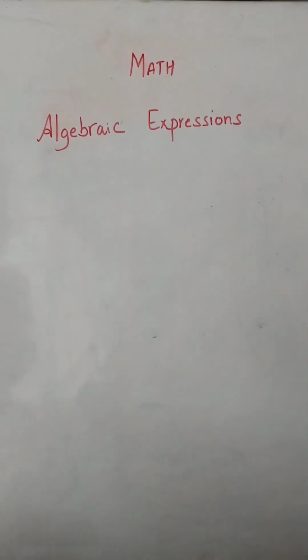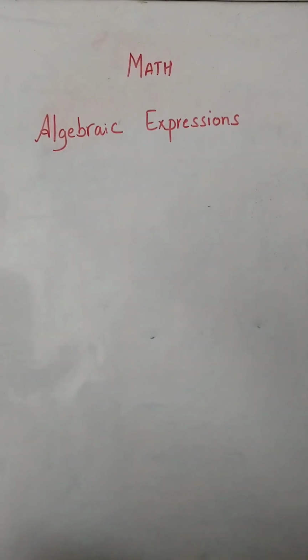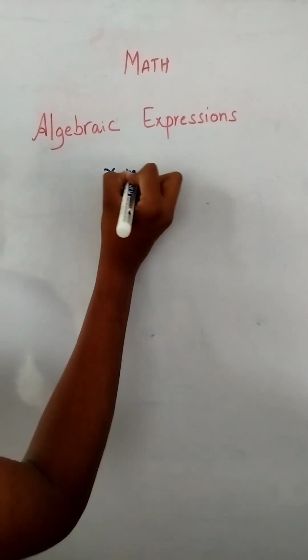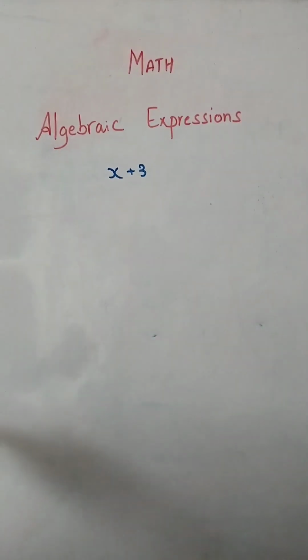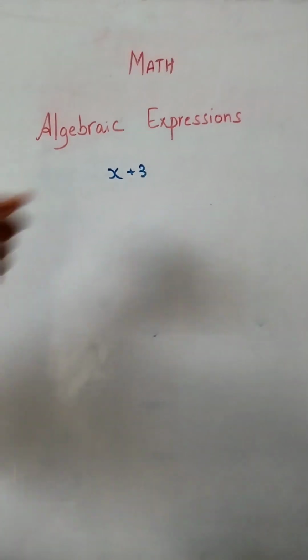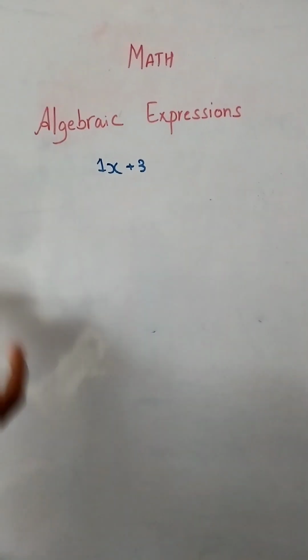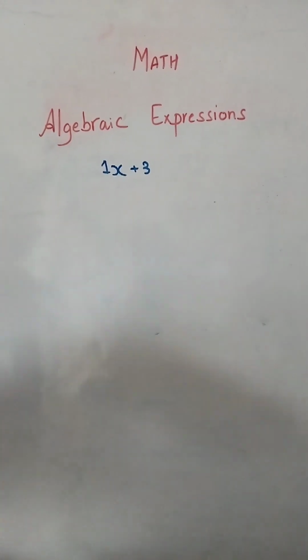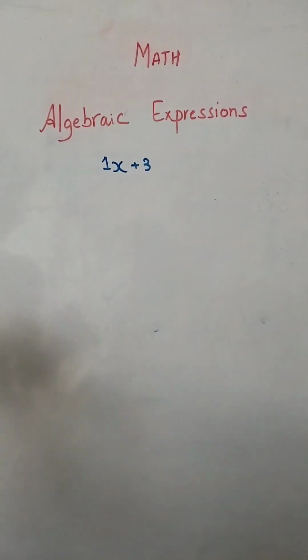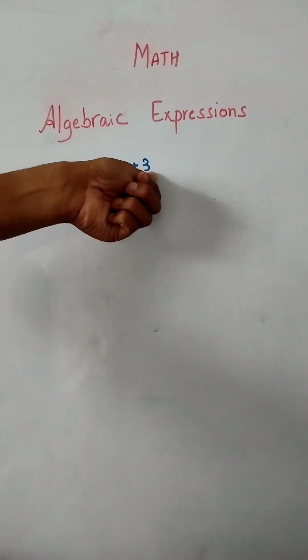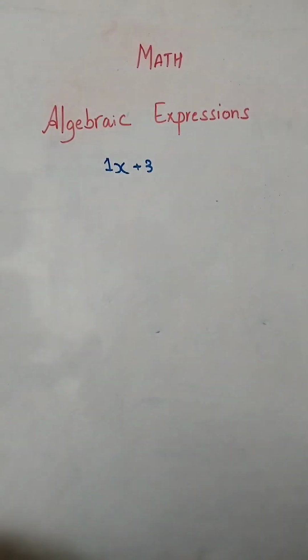So now let's create an expression. To create an expression, we can just write, for example, x plus 3. Here you can see that there is a variable, and for any variable the constant is always 1. If there is no constant that you can see, the constant will always remain to be 1. And there is also another constant here, but there is no variable that follows it.